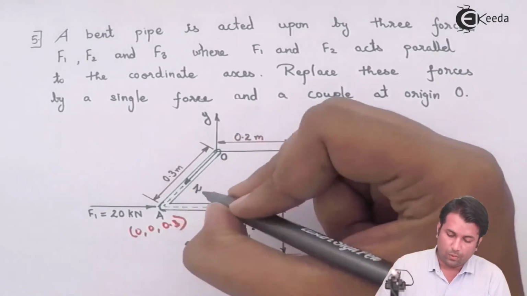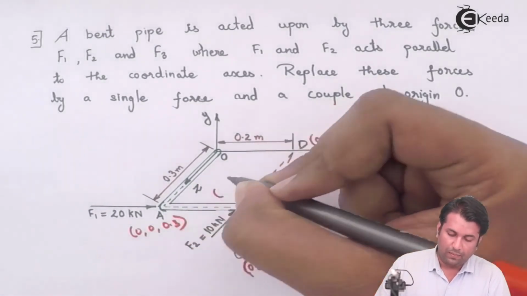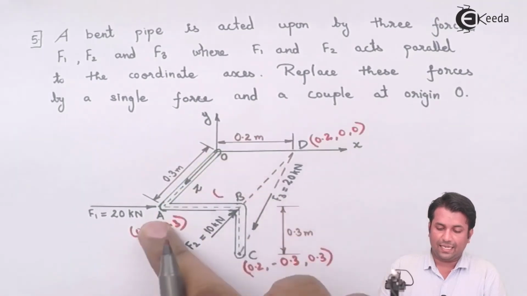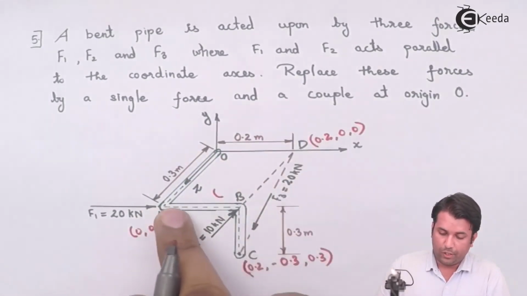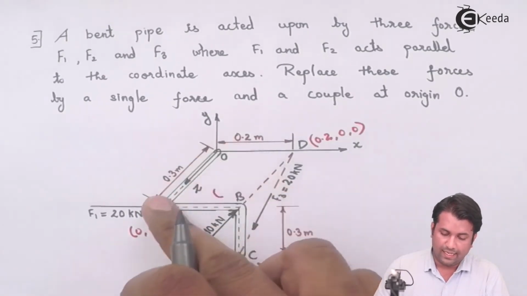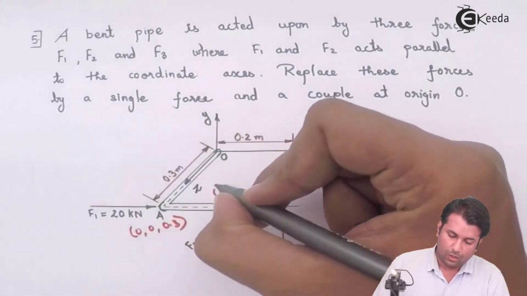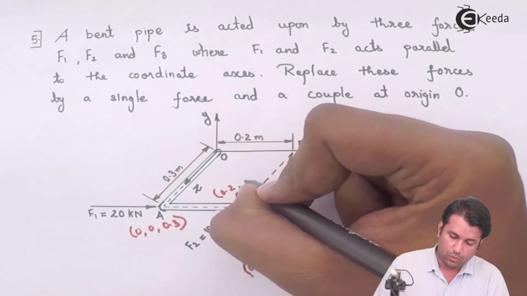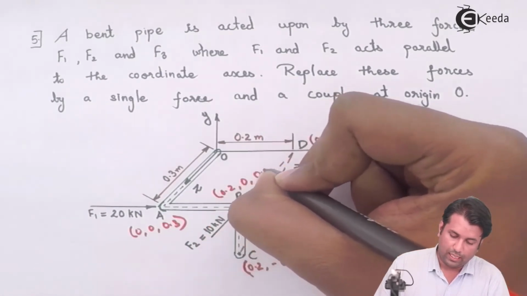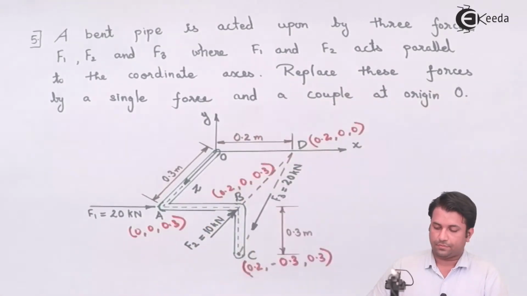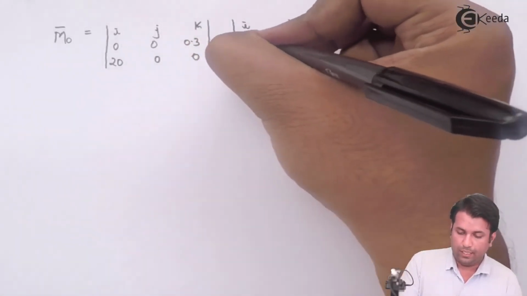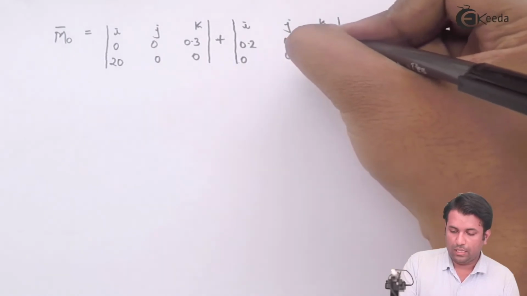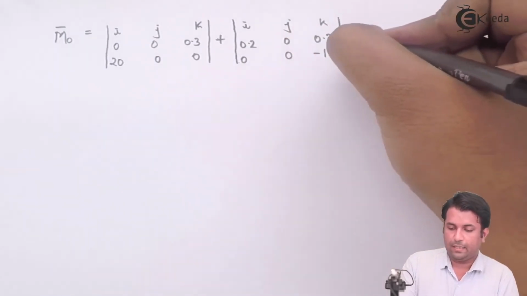Point B lies in the xz plane, so the y coordinate will be 0. X is 0.2 and z is 0.3. So I'll get 0.2, 0 and 0.3.